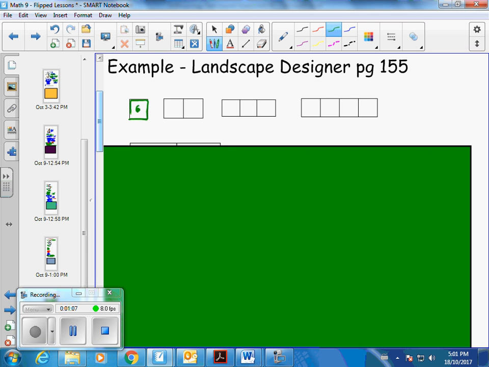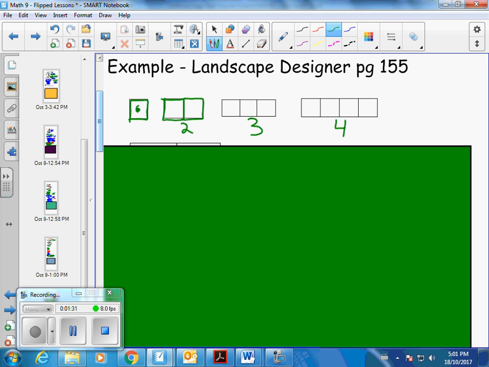These are wooden pieces of board that they're using to edge it. What we need to figure out is if I'm going to build a certain number of plots, how many boards am I going to need in order to build this completely and correctly?